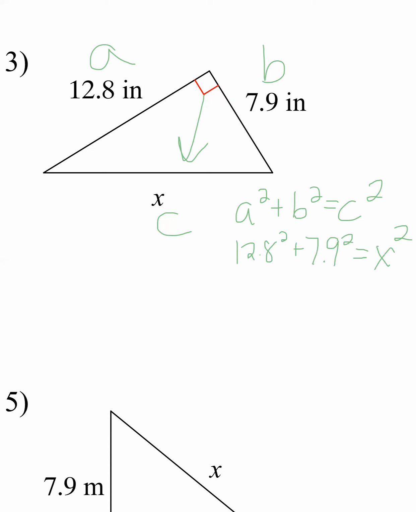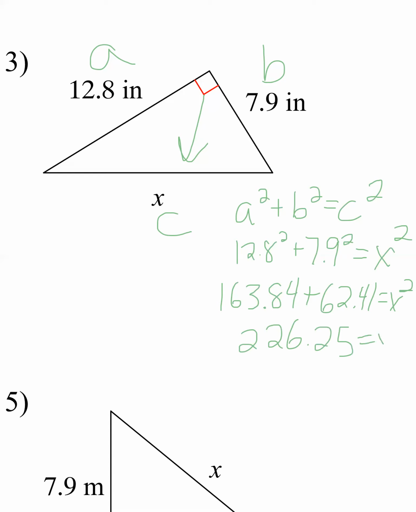Okay, just rely on my calculator now. 12.8 squared is 163.84. 7.9 squared, 62.41. Add those two together. 226.25 equals x squared.